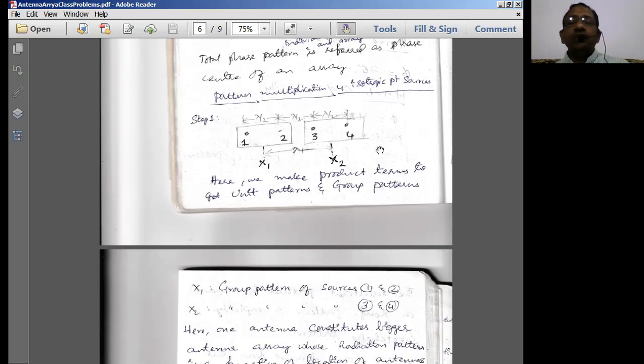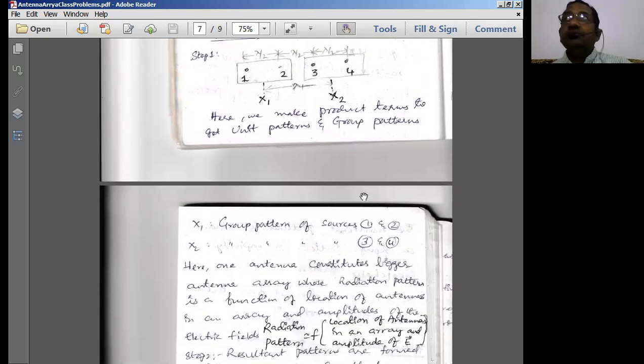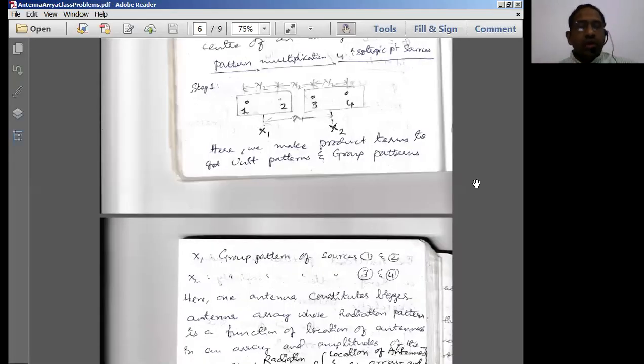Right. Now let us look into pattern multiplication for isotropic point sources. The 4 antennas we consider here are, let us say, 1, 2, 3, and 4. These are known as the 4 point sources, considered as 4 antennas connected in an array. All these antennas are separated by a distance of lambda by 2.